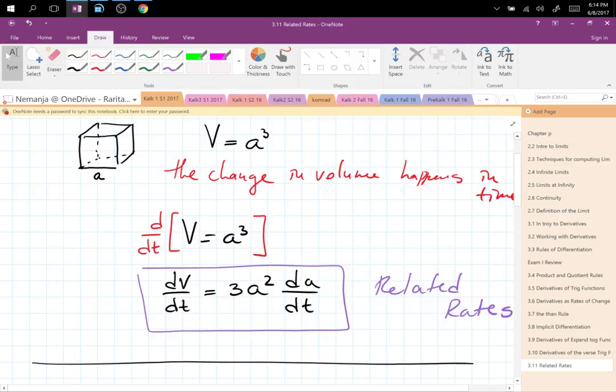If you have at least two of these changing simultaneously, you are able to write an equation that links them as related rates. Now in purple over there, you see that the change in volume in time is related to the change in length of the edge in time using this 3a squared as a link, right? That's our way to relate these two rates that are given.